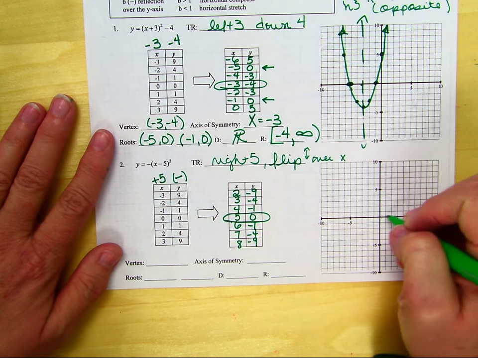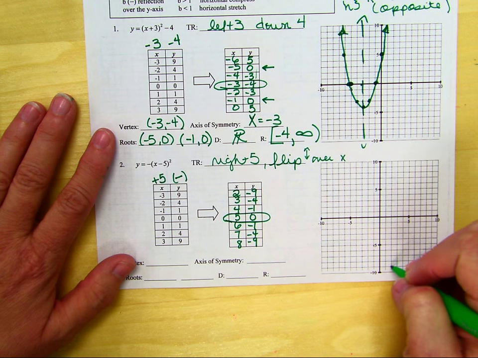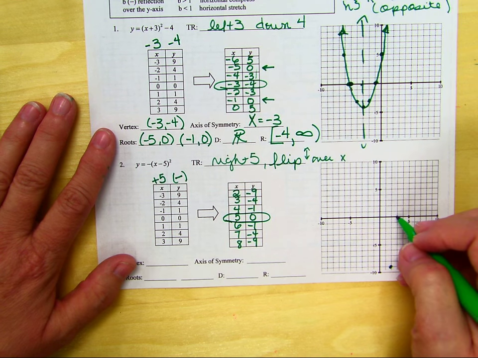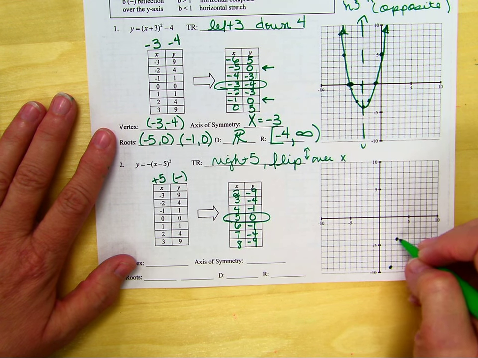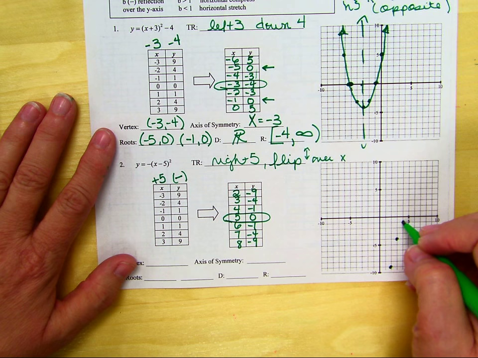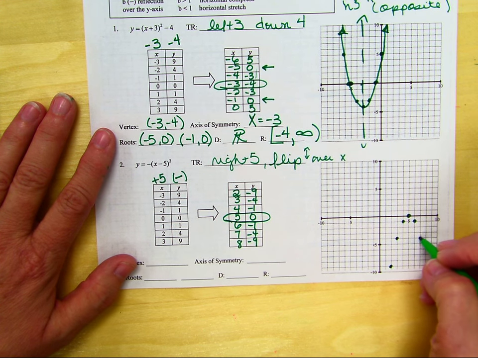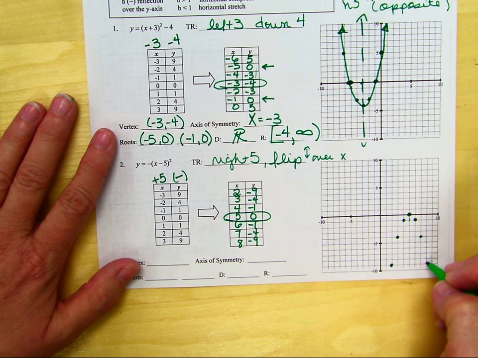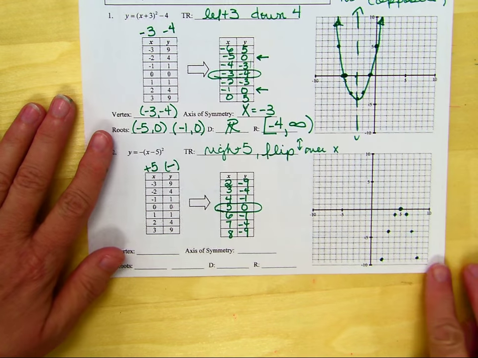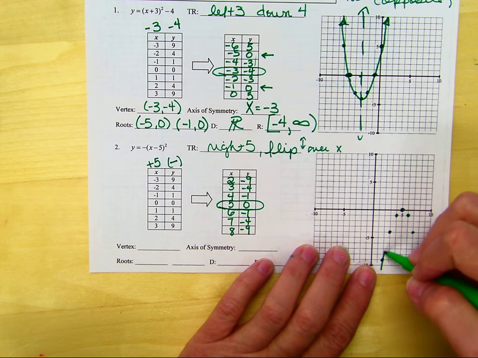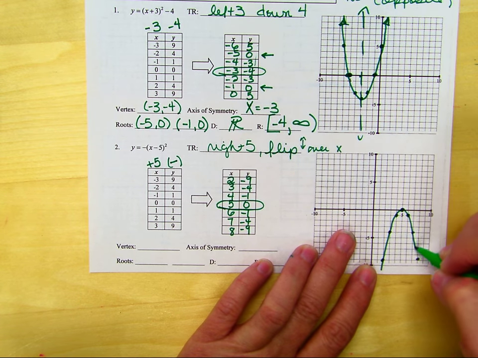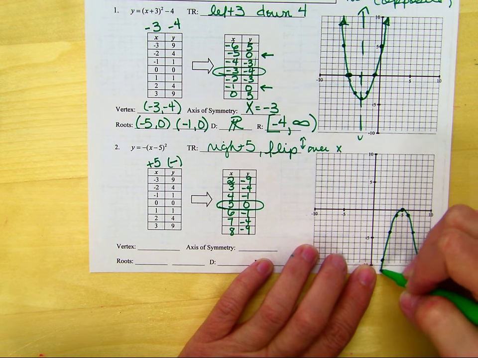Go ahead and graph it. 2, -9. 3, -4. 4, -1. 5, 0. 6, -1. 7, -4. 8, -9. All right, so I see that reflection.